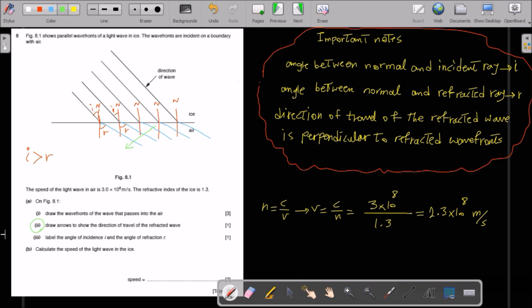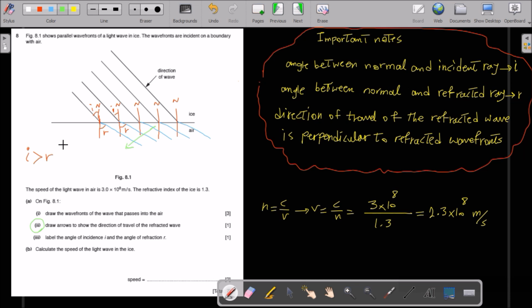And you can see that I is incidence angle. It is an angle between normal line and incidence ray. And R is refracted angle. It is an angle between N and refracted ray.